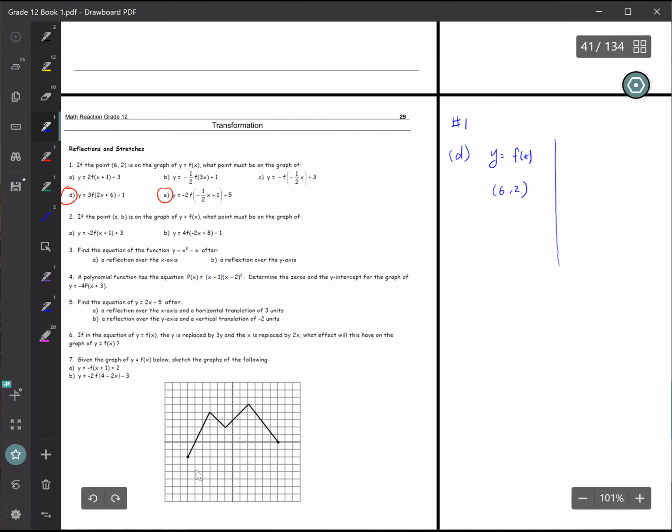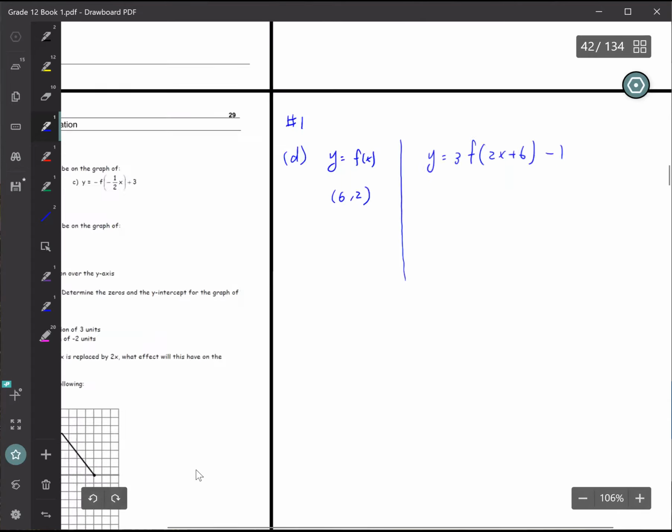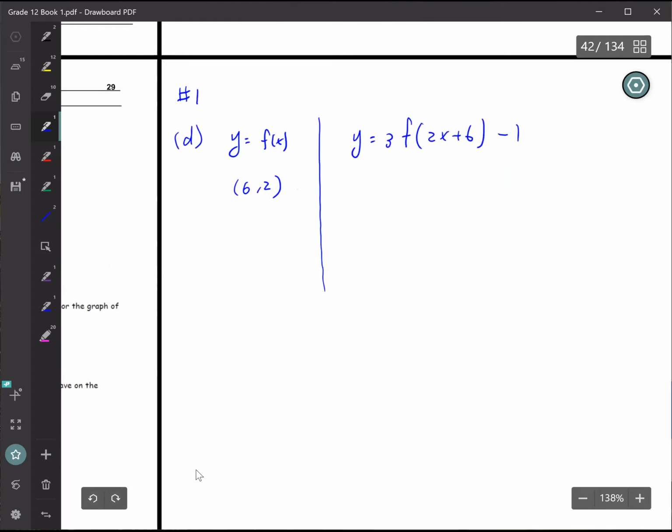And then the question for D is y equals 3 f of 2x plus 6, minus 1. So by now, you should know how to change this into story form. We want to separate all the x part and the y part. So Chris Young, can you tell us how you change this to story form?